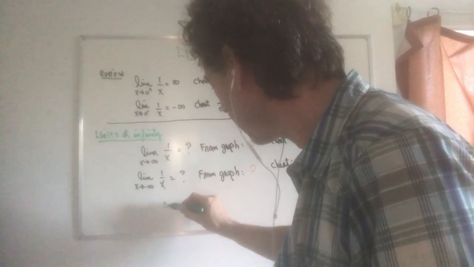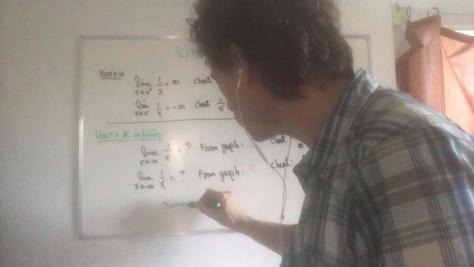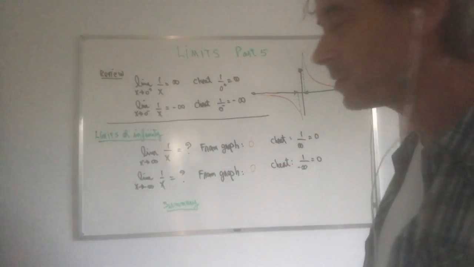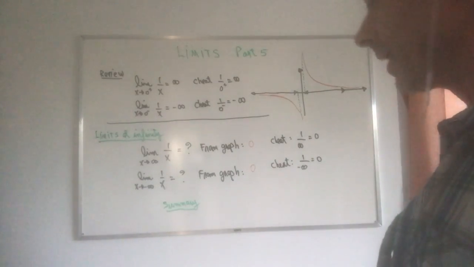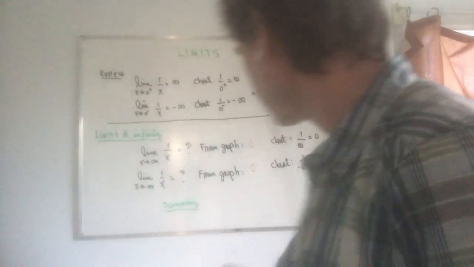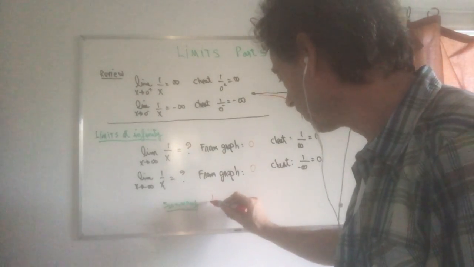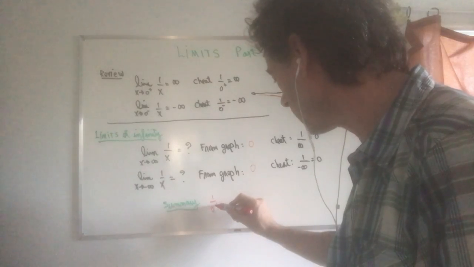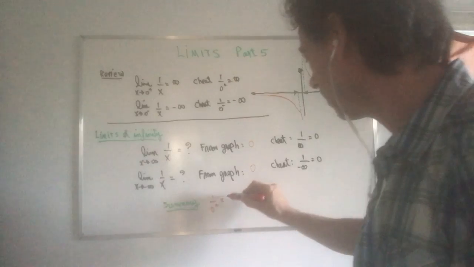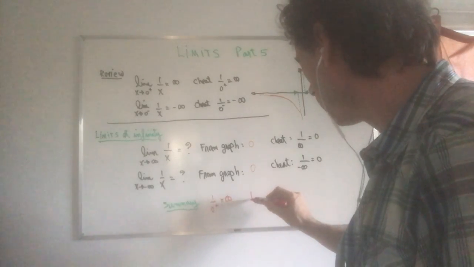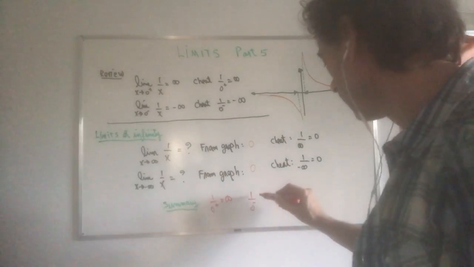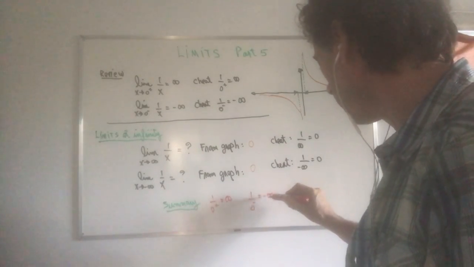And we could already have a mini summary of the late events in this chapter. What is that summary? Well, we have three things really. We have that 1 over 0 plus, what is that? Of course, it's infinity. We also have that 1 over 0 minus, what is that? That is minus infinity.